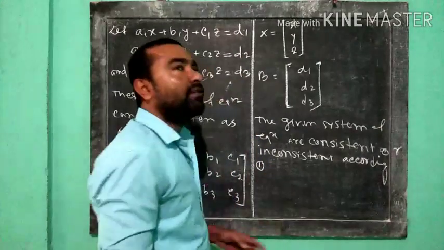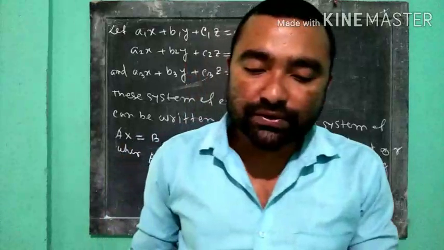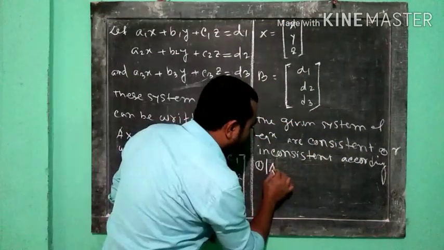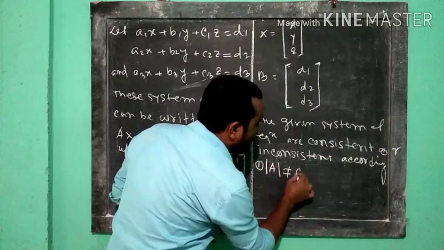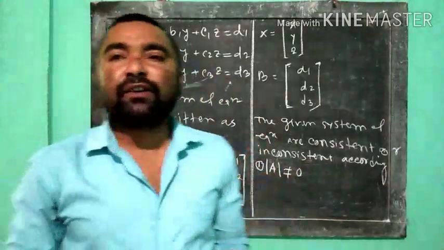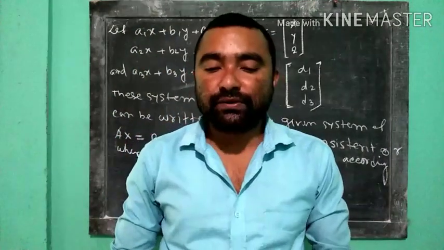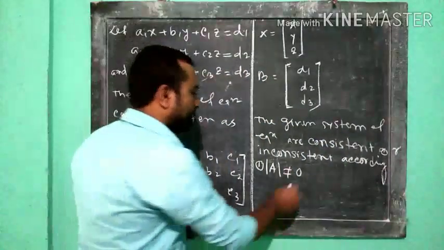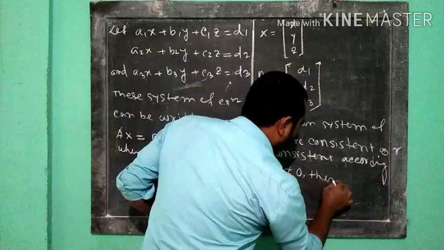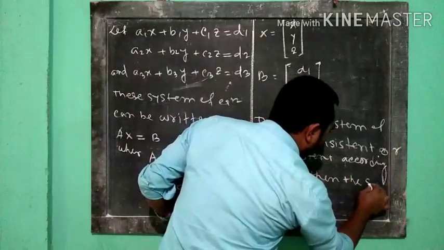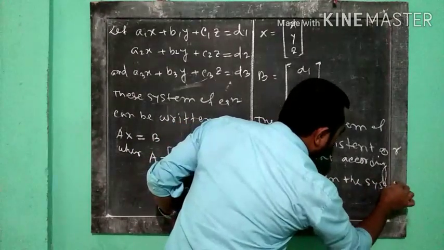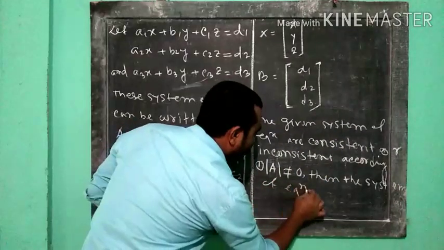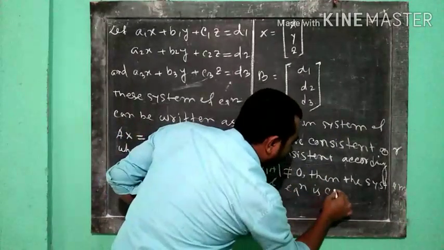if determinant of A not equal to 0, first of all what we check, if determinant of A not equal to 0, then the system of equations is consistent.